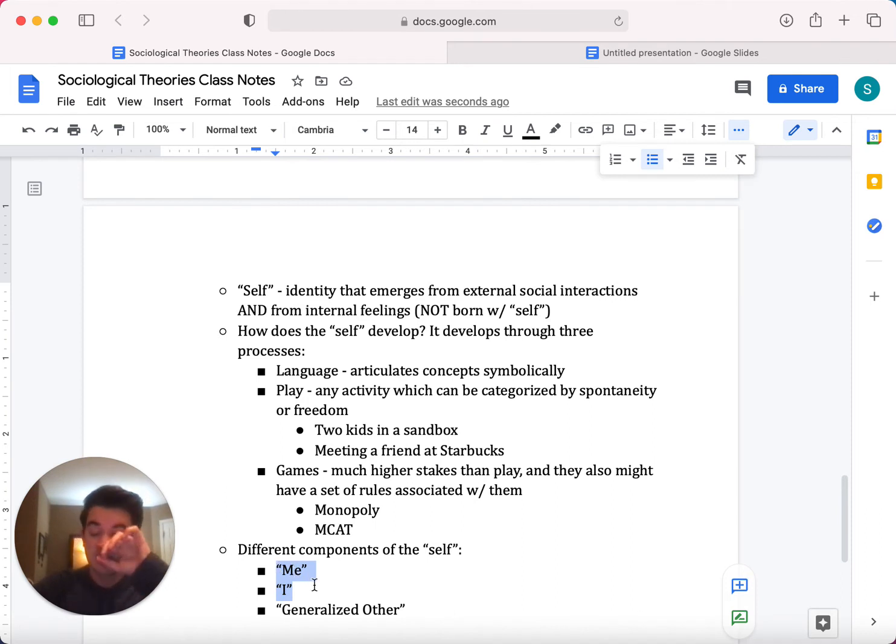Like I've said time and time again, and like we're going to see with Psych Soc, if you don't understand what a concept is when you look at it on the test, just think about other places that you may have heard that concept. So this is what I would do. If I didn't remember what the different components of the self were when I was taking my test, I would think to myself, okay, what are these words? Me and I. They're pronouns.